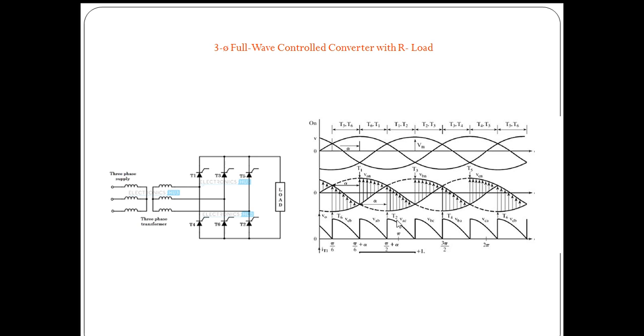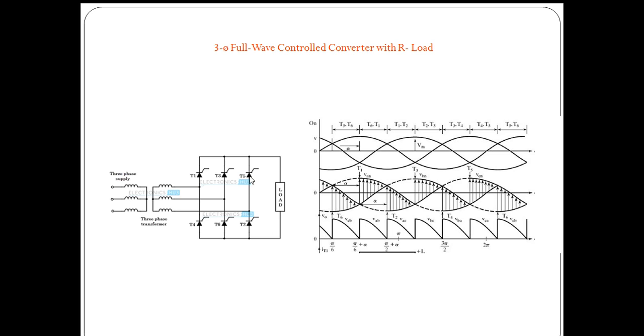That is why we observe the output voltage. T1 is connected at phase A and T2 at phase C, with phases A, B, C, so VAC will be available. Similarly, at different instances, the concerned output voltage will be available. If we plot it clearly on graph sheet, we can easily observe the waveform representation for the full wave controlled converter.